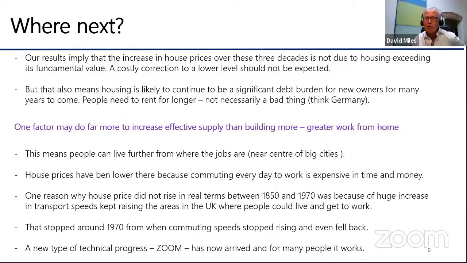Suppose the government from now on for the next 10 years could build 300,000, 350,000 instead of 200 odd thousand. So suppose it could build 100,000 more a year for 10 years, that's 1 million new houses. But relative to the stock of almost 25 million houses in the UK, that would increase the stock by 1 over 25. That would only be 4%.